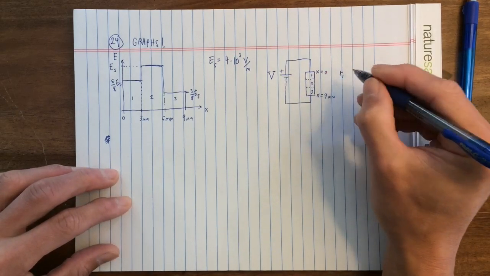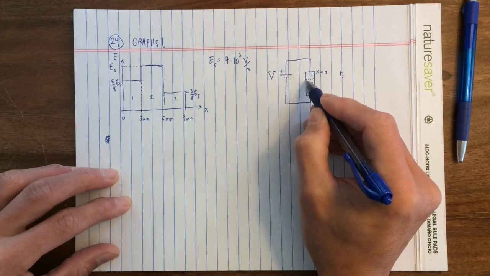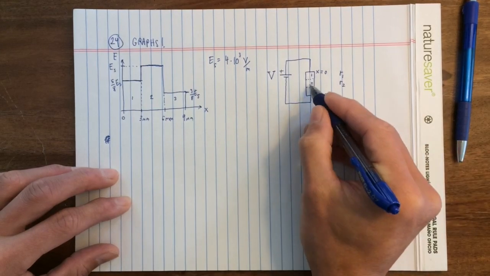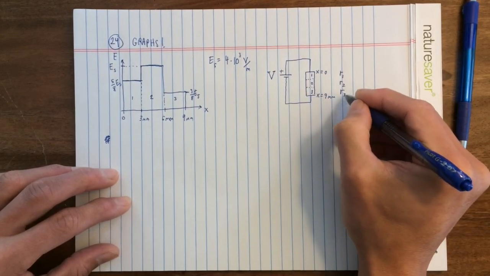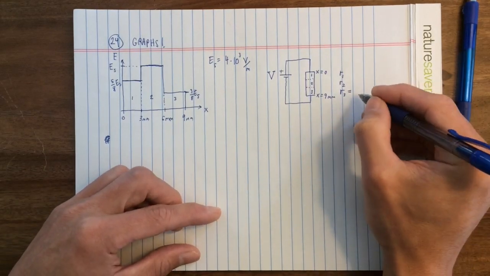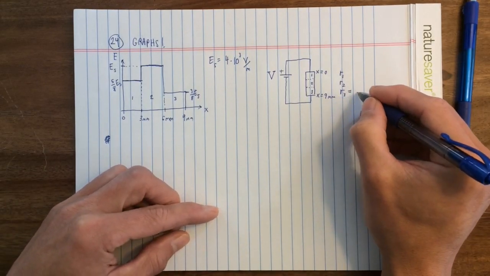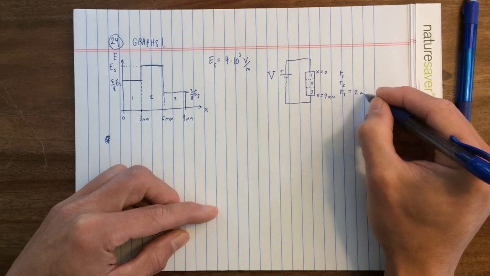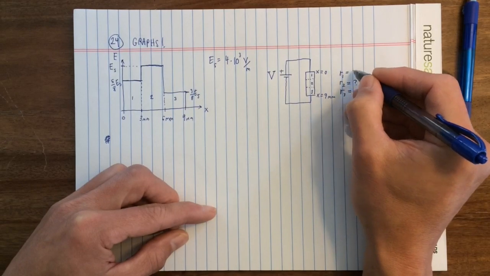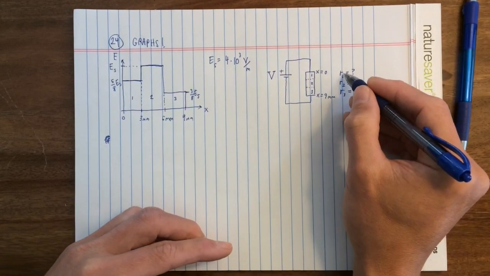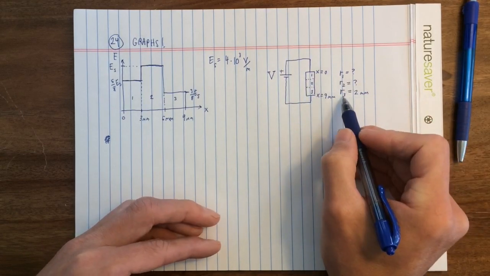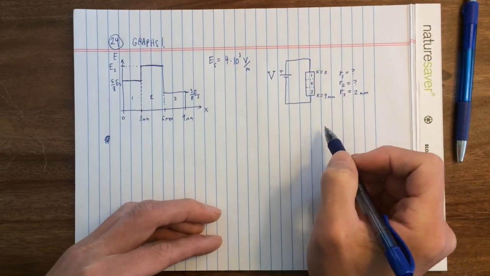There's a radius R1 for the first portion of the resistive strip, a radius R2 for the second portion, and there's a radius R3, which is actually given. So the radius of section 3 is 2 millimeters, right? And the question is what are the radii of the other 2 parts of the resistive strip if the radius of the third part is 2 millimeters?